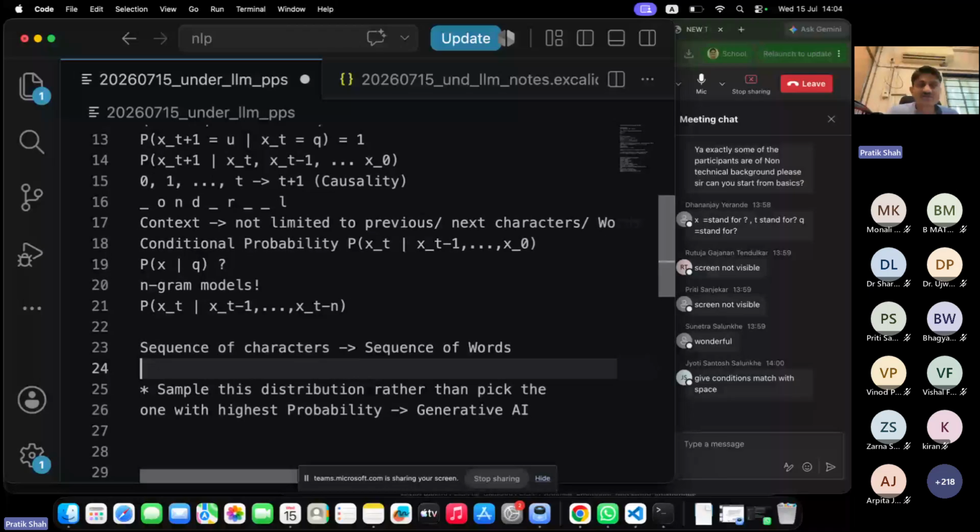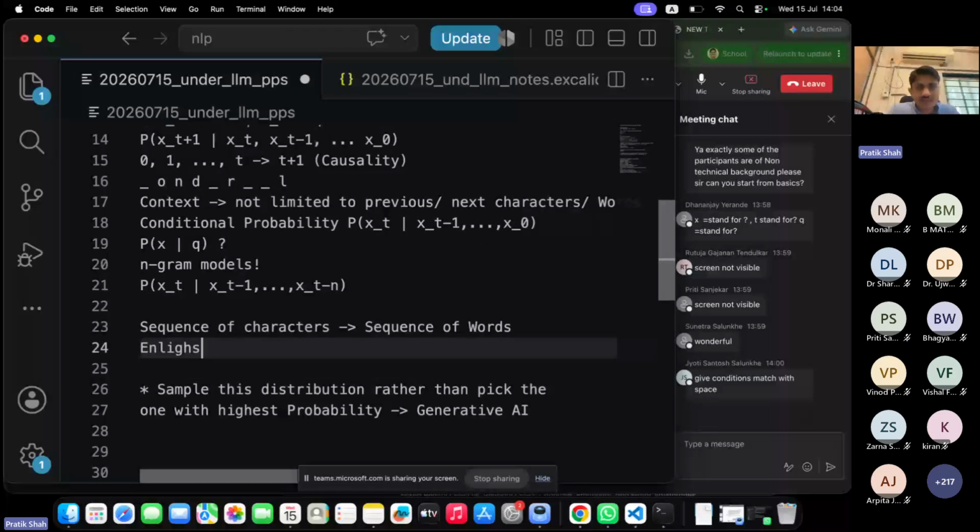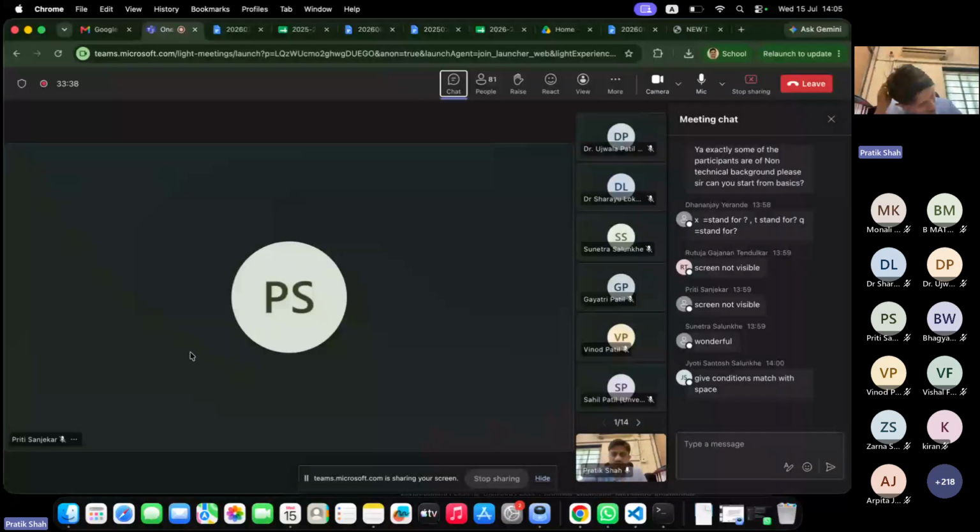So rather than keeping track of conditional probabilities for alphabets, which are A to Z and then some special characters, what we have is a collection of all words. So in the English language, any guesses what is the typical size of the English vocabulary? You must have access to a dictionary. How many total unique words are there in the English dictionary, roughly?